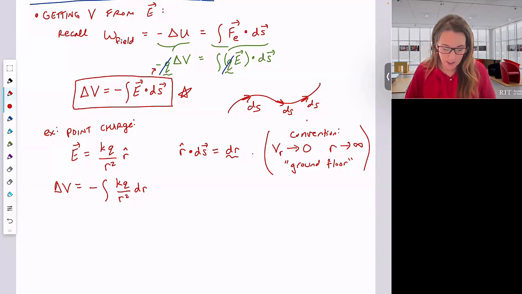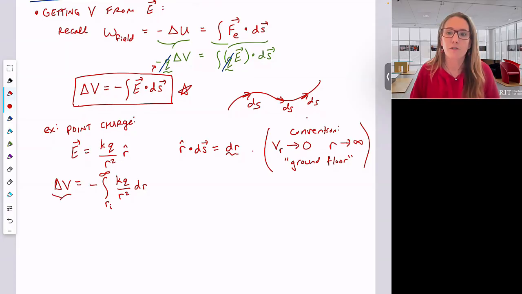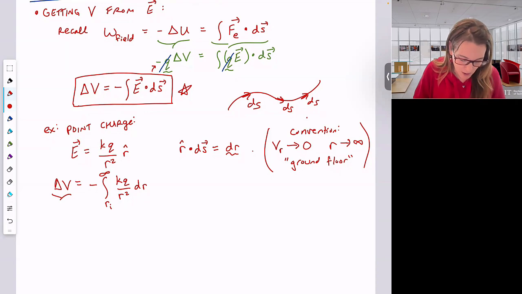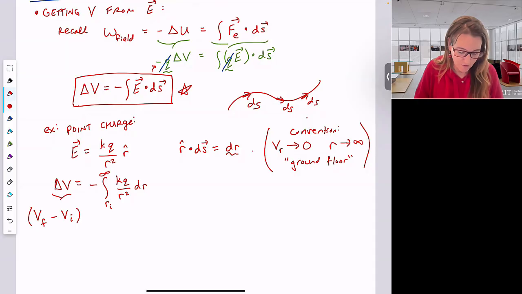And so we want to find the change in potential as something moves from some r initial to infinity, infinitely far away. So essentially finding that initial potential. And so this delta V is going to be our V final minus V initial, which is going to be our V at infinity, which is 0, minus V initial.